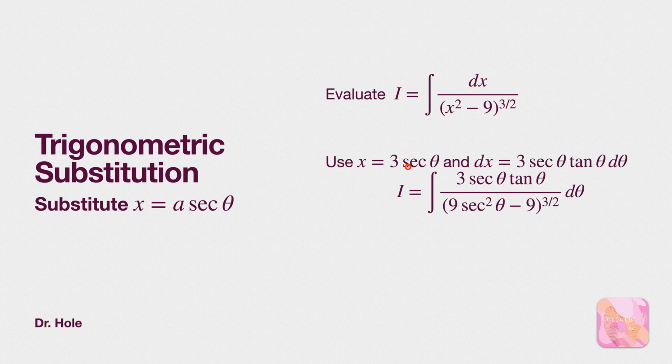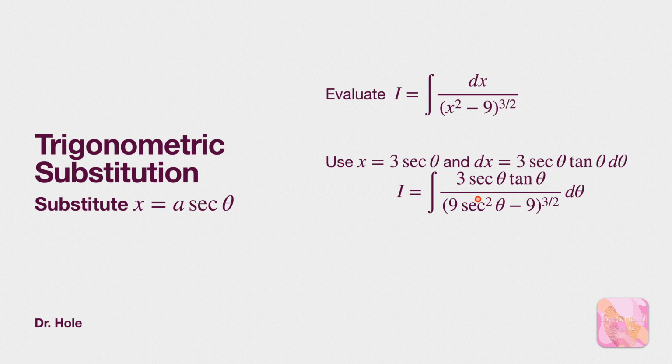If x is 3 times secant theta, compute the differential dx. The derivative of secant theta is secant theta tan theta. Tack on the differential d theta. We can then swap out our differential dx for 3 secant theta tan theta d theta.